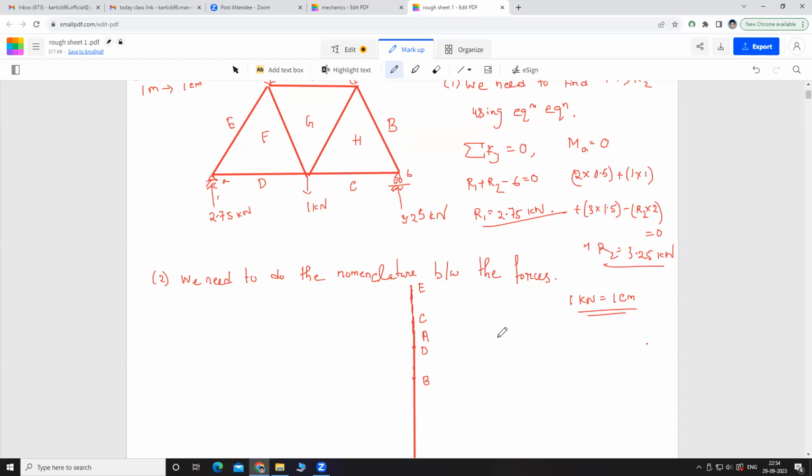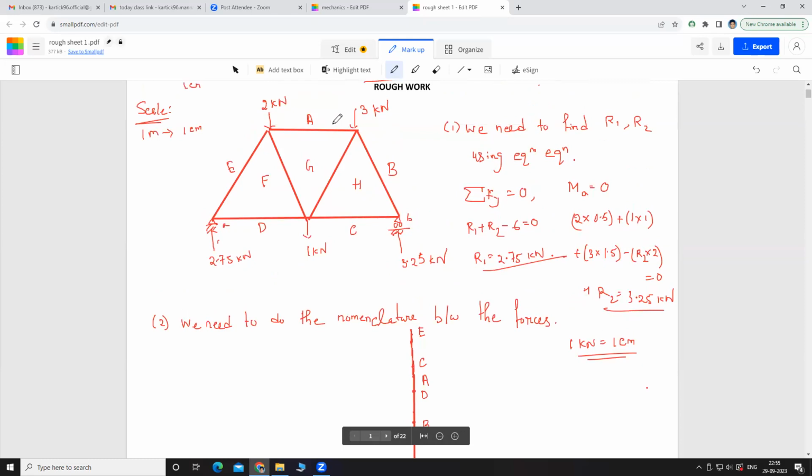First of all, look at the position of F. F is in between E and D here. So for that, what you can do, look, D is horizontal line. Also C is horizontal line. Also A is horizontal.